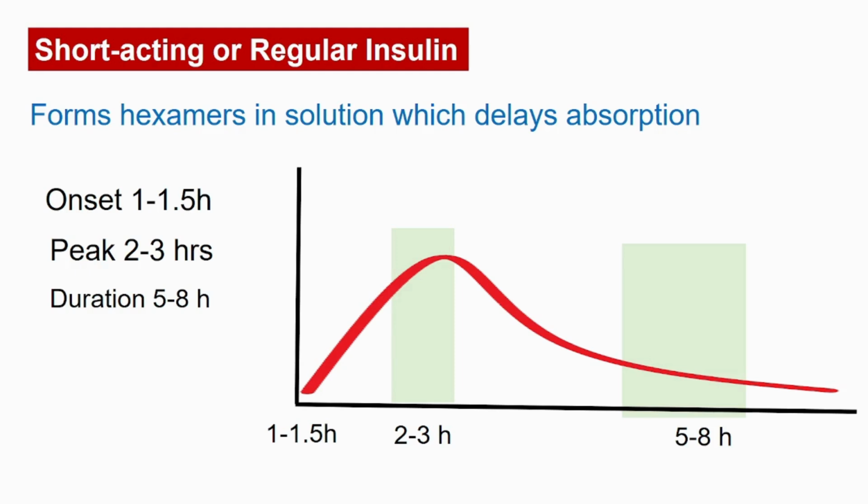So this regular insulin is the only insulin that comes in intravenous dosage form, IV dosage form. Therefore, this regular insulin is often also used for medical emergencies like in ketoacidosis cases.